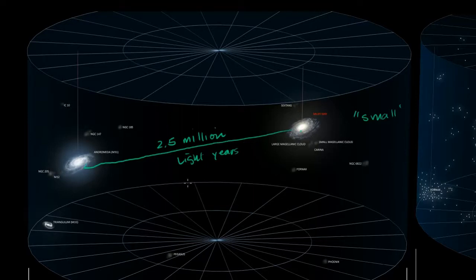Another way to think about it, one radius of the Oort cloud is about 50 or 60,000 astronomical units, and that's the distance from the sun to the Earth. So you could view this as 2.5 million times 60,000 or so times the distance from the sun to the Earth. This is an unbelievably large distance.